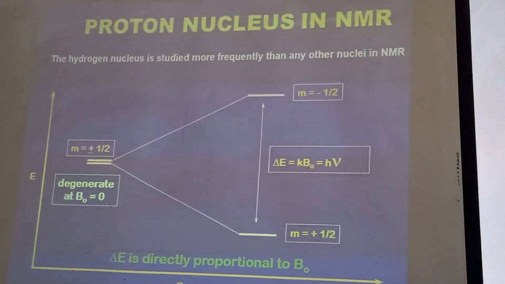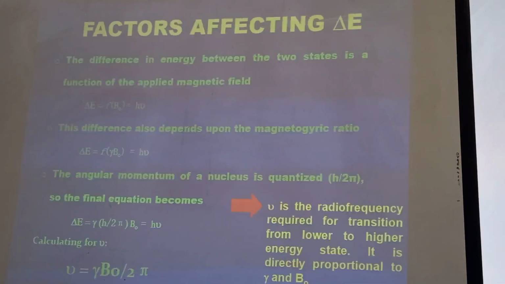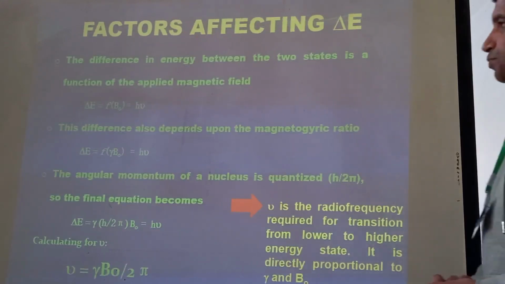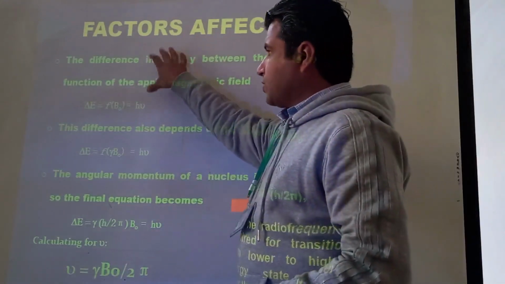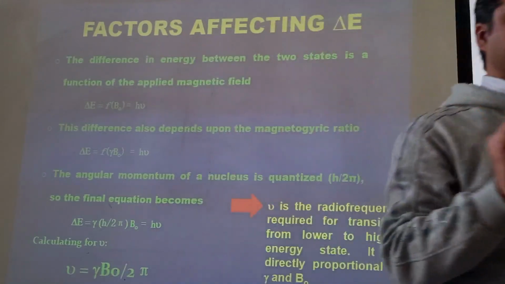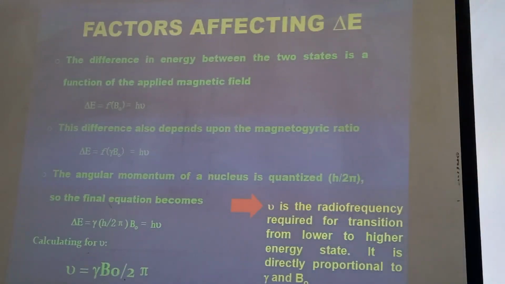What are the other factors that may affect the value of this del E, or the difference of energy between these spin states? We just saw that the difference of energy between the spin states is directly proportional to B naught, or we can say that it's a function of the applied magnetic field.